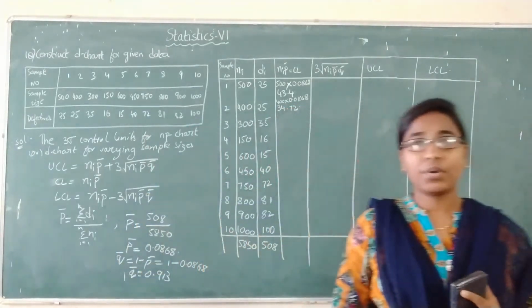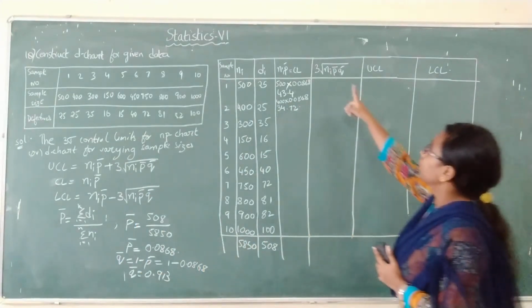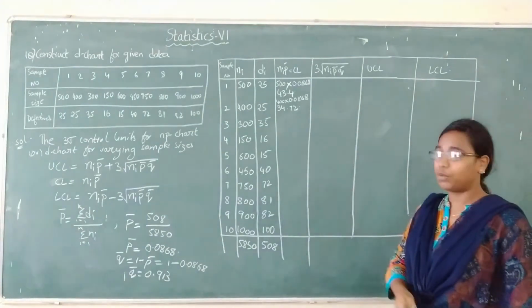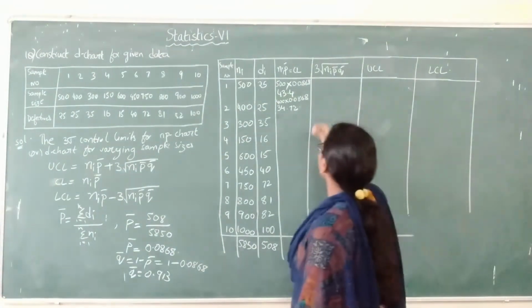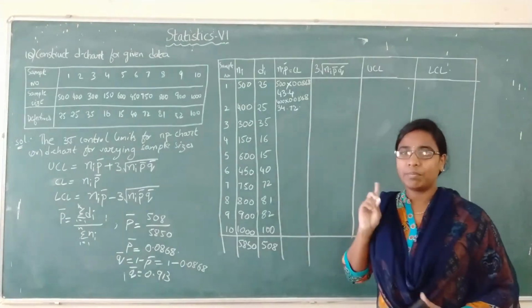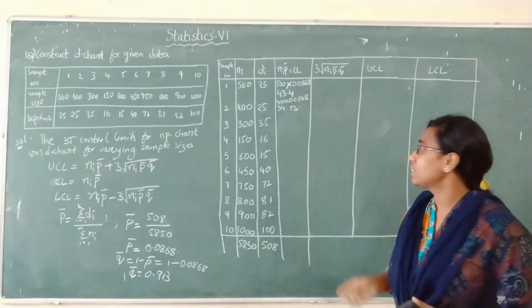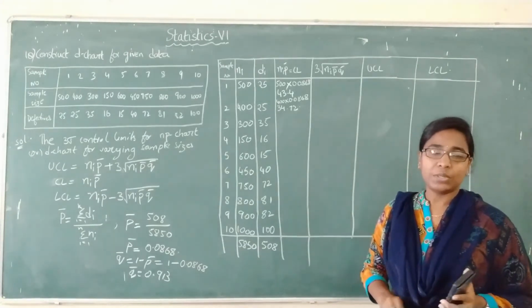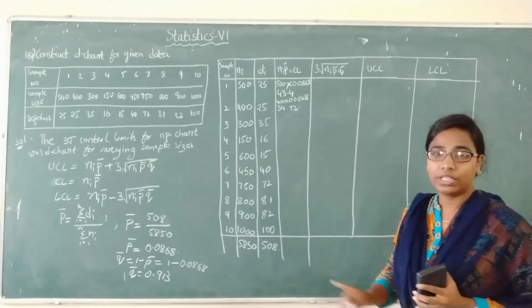Next you have to calculate 3 into under root Ni into P bar into Q bar. How will you calculate? Similar to the previous problem, in the P chart for varying sample size we had 3 into under root P bar Q bar by n. Here the denominator is not there, only the numerator values.